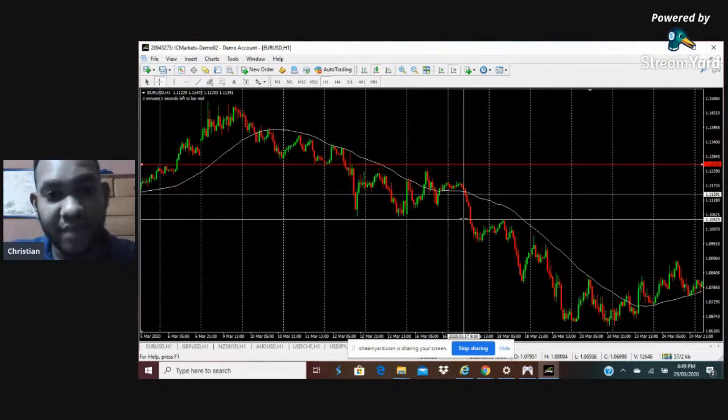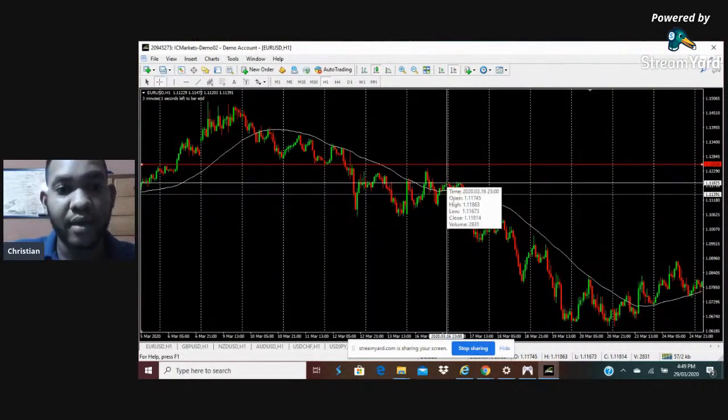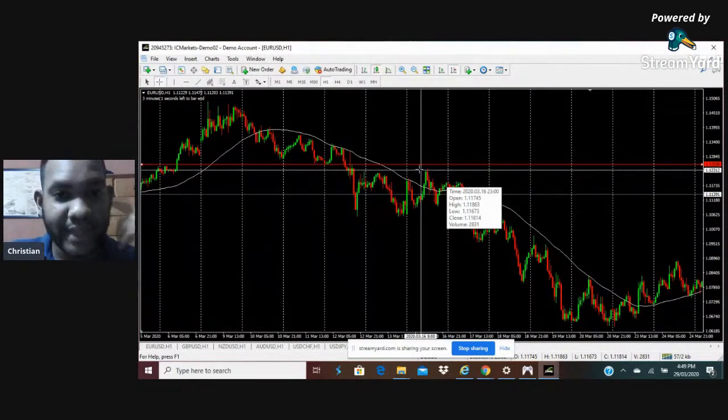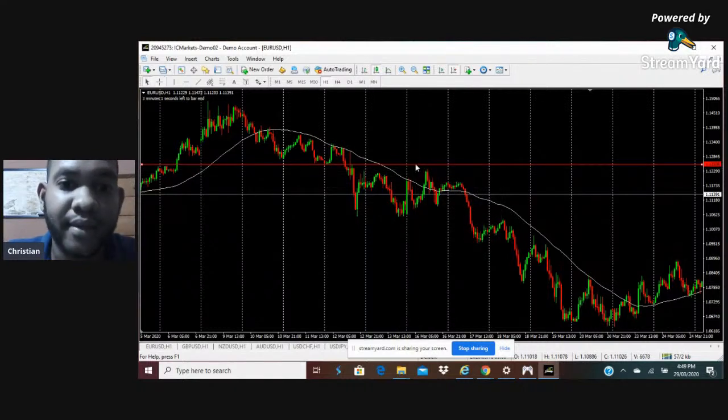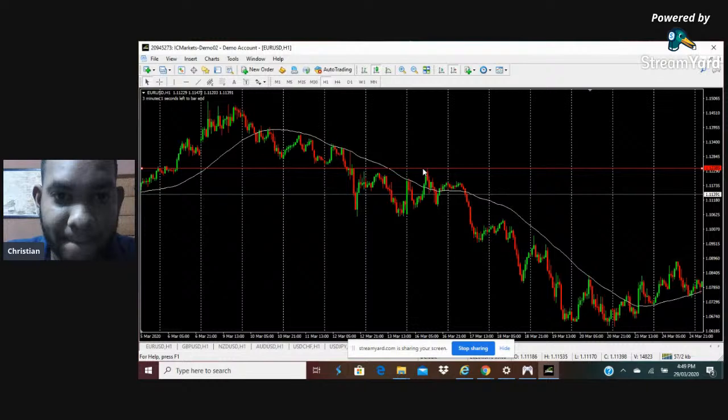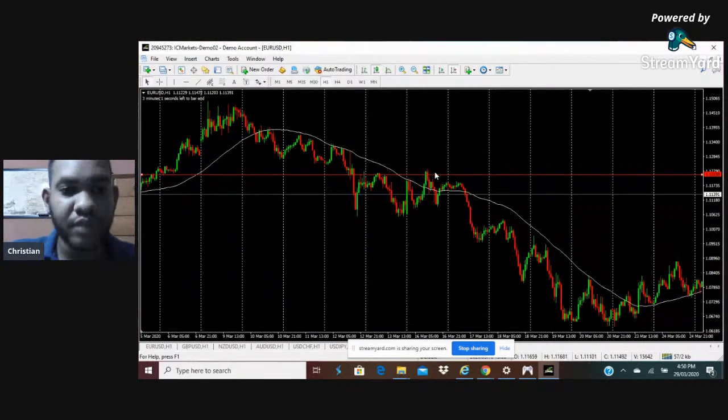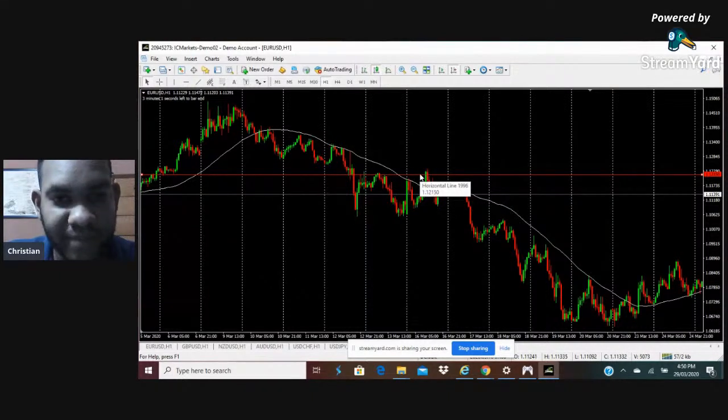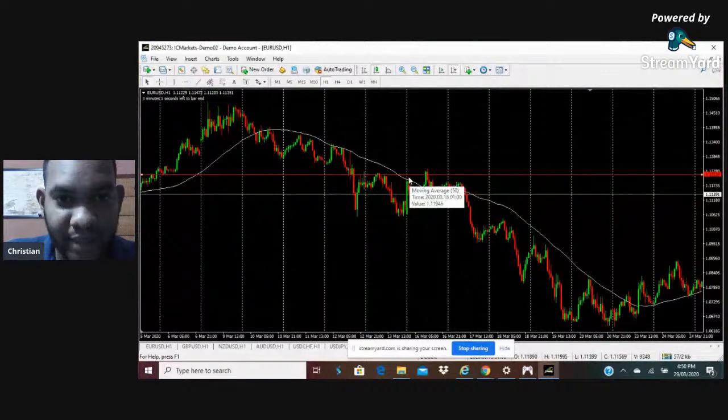Now, let me put this back here. I'm going to put, for example, a 20 pip stop loss. Here would be 20 pips, 25 pips. I entered here and I put a stop loss here.